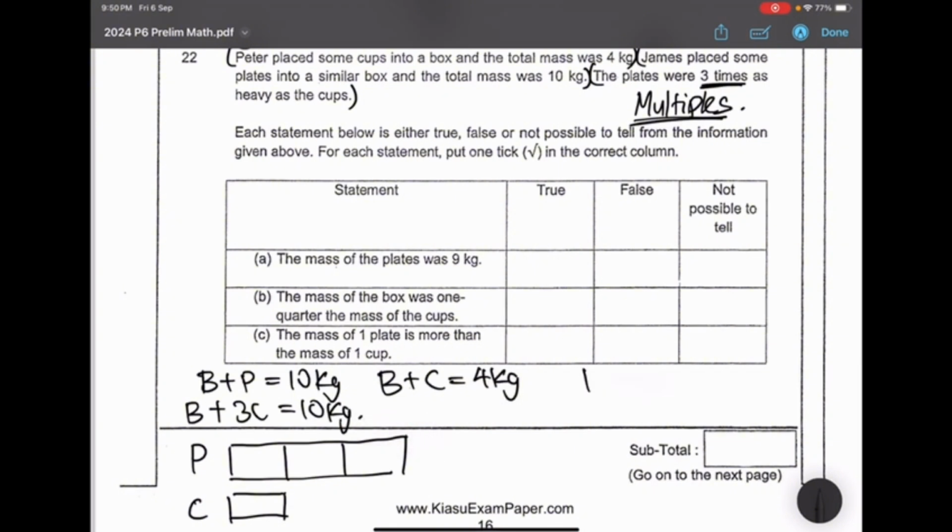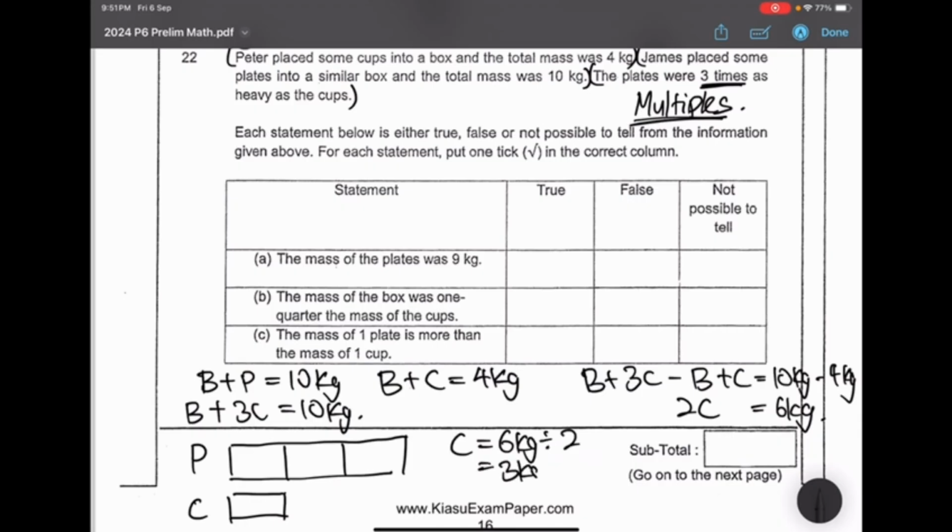If I take box plus 3 cups minus box plus cup, that would give me 10 kg minus 4 kg, and I'll be left with 2 cups equals 6 kg. Therefore, my cup equals 6 kg divided by 2, and that will give me 3 kg.